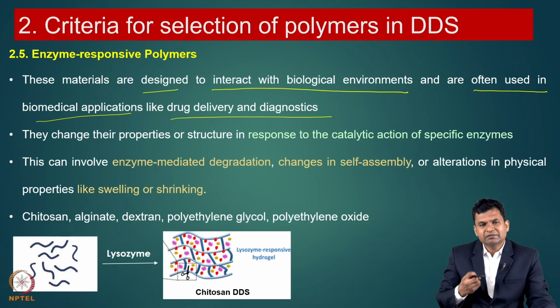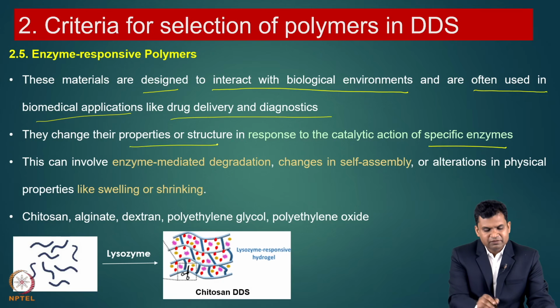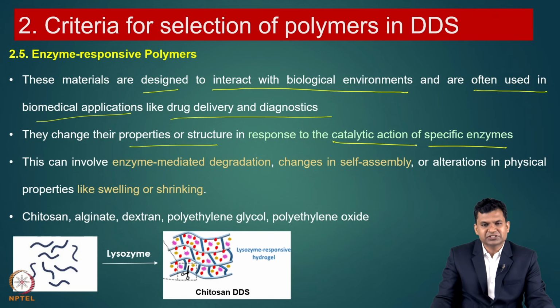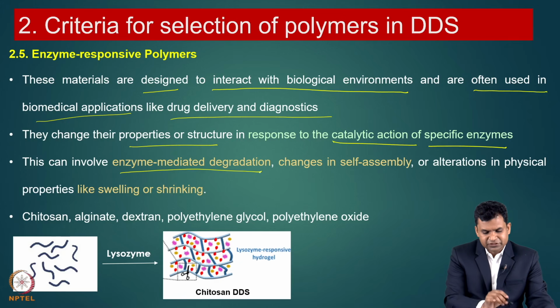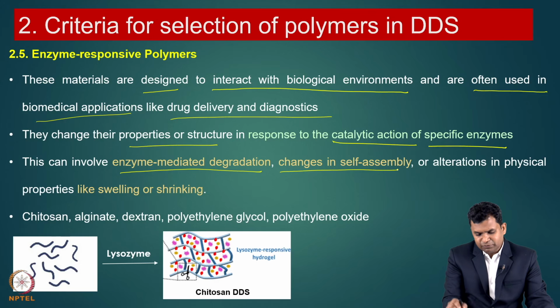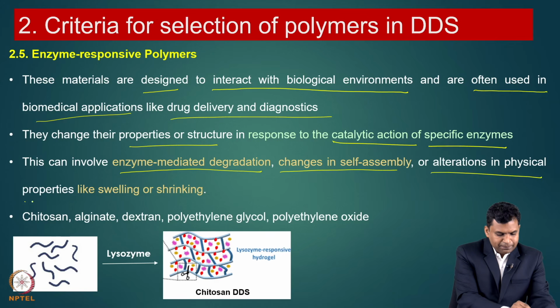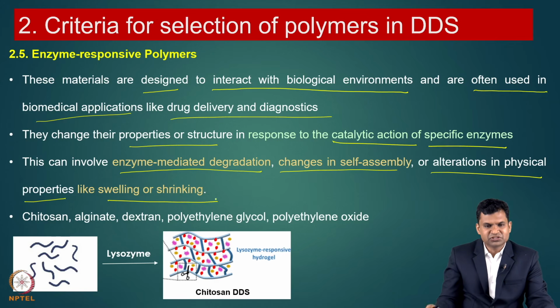When it responds with those enzymes, it will alter their properties and their structure. This happens because of the catalytic action of the enzyme. These can involve enzyme mediated degradation, and with that stimuli they will change into self assembled structures and alter their physical properties like swelling and shrinking.